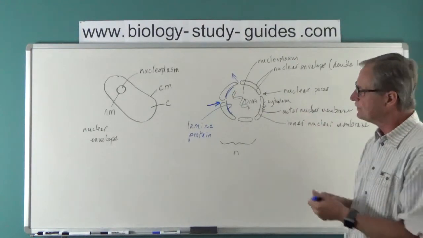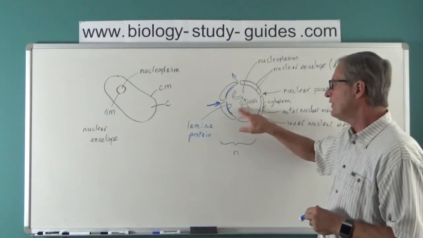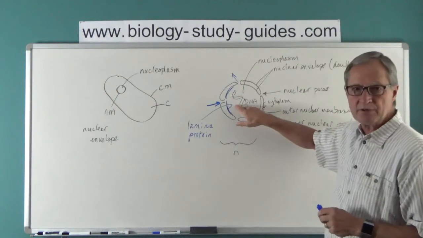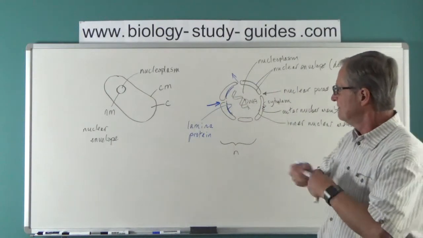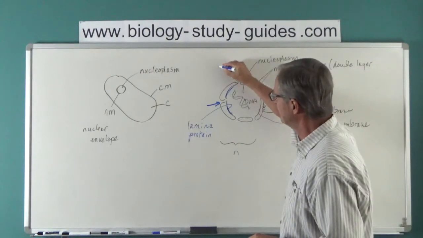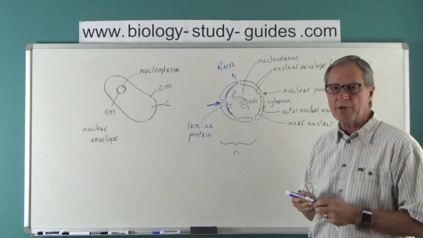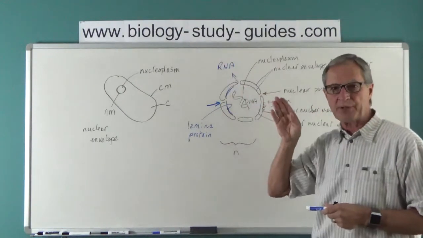So maybe we should look at what types of things go in and out of a nucleus. Well, we know that DNA controls cell reactions, and it does it by making proteins. In that process, we haven't said very much about RNA yet, but RNA is made in the nucleus and it actually functions in the cytoplasm.